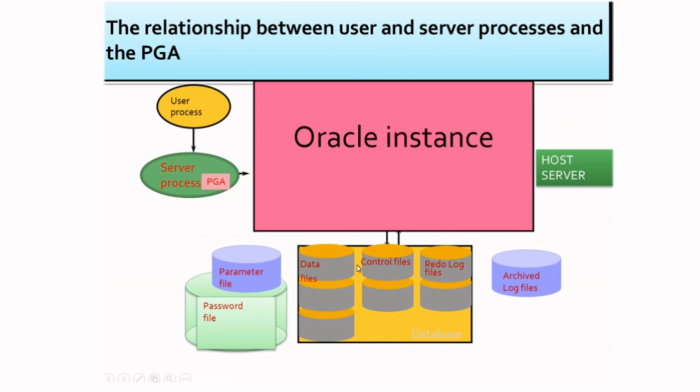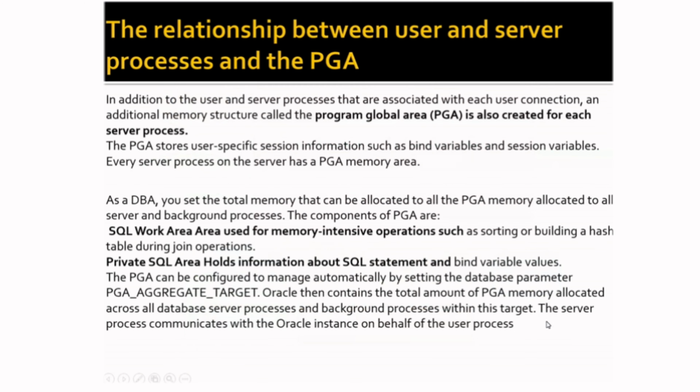This is the relationship between user process and server process and the PGA, Program Global Area, in addition to the user and server processes that are associated with each user connection.